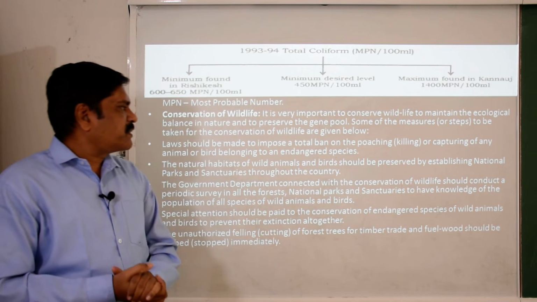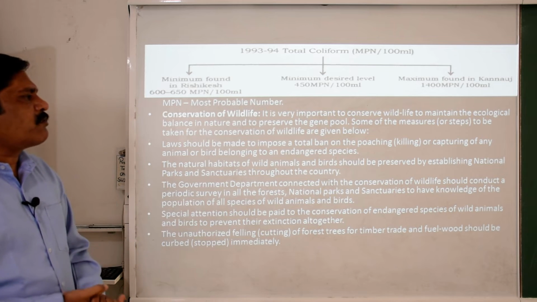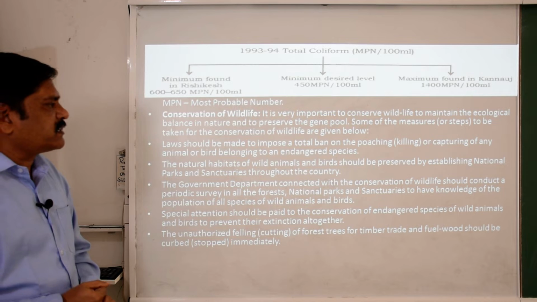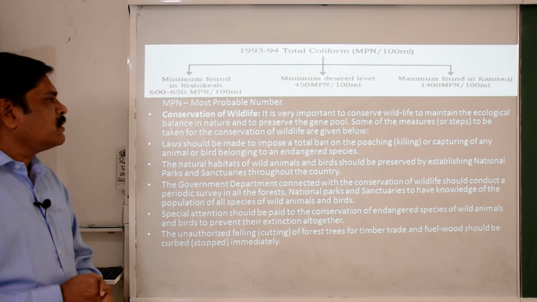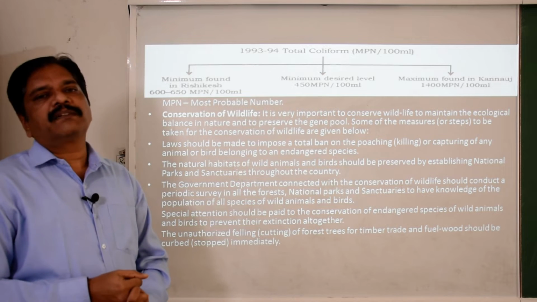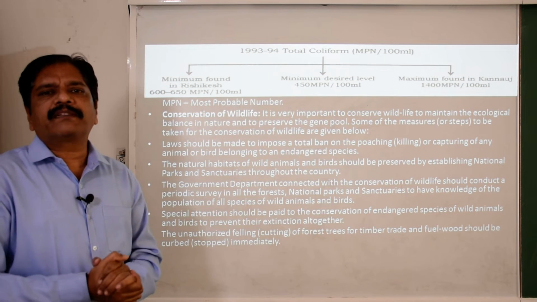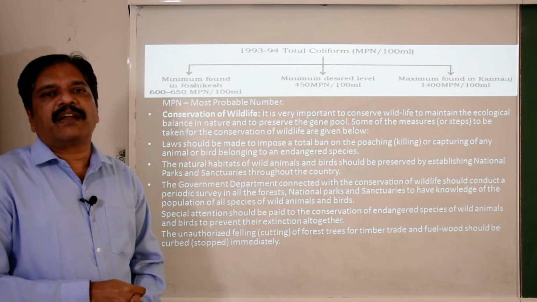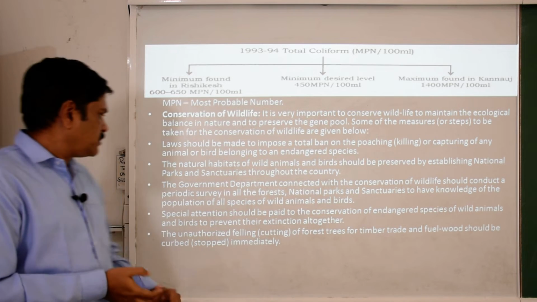The government department connected with the conservation of wildlife should conduct a periodic survey in all the forests, national parks and sanctuaries to have knowledge of the population of all species of wildlife, animals and birds. It is quite compulsory to keep a keen eye over the population and their damage.